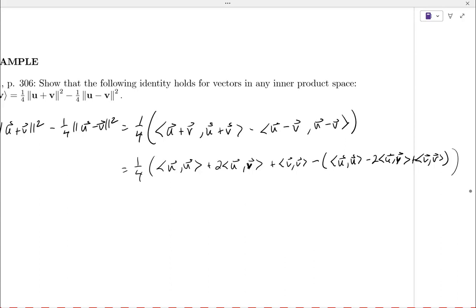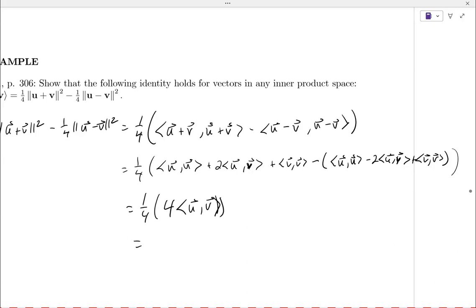What happens now? Yeah, distribute the negative through. After we distribute the negative through, what happens? Yeah, it ended up simplifying down to 4 UV, right? The UU's will cancel, the VV's will cancel, right? So this will simplify all the way down to 1/4 of 4 UV.